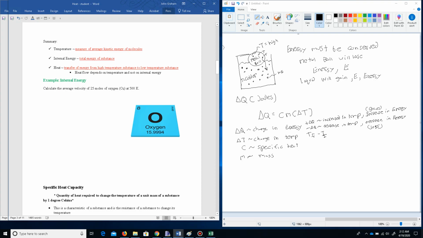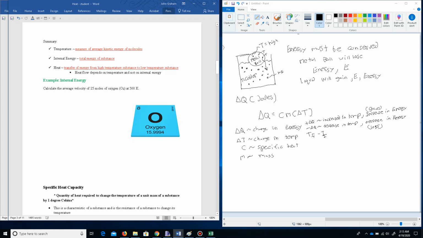So if the temperature ends up the same, the internal energy can still be different, because the temperature is measured based on the kinetic energy and not the internal energy. If we are looking at something that has a high internal energy but lower kinetic energy than another substance, the heat will transfer from the high temperature one and not the high internal energy one.